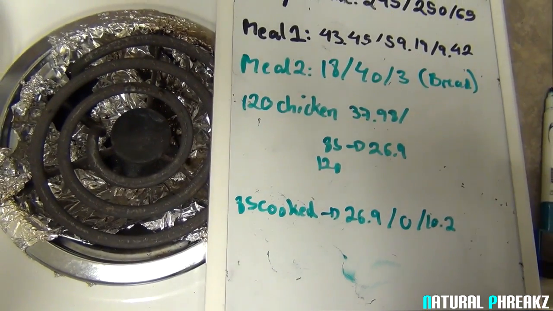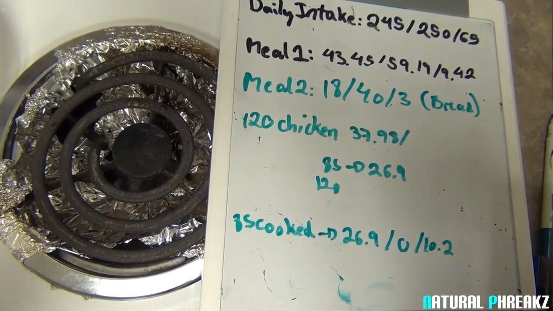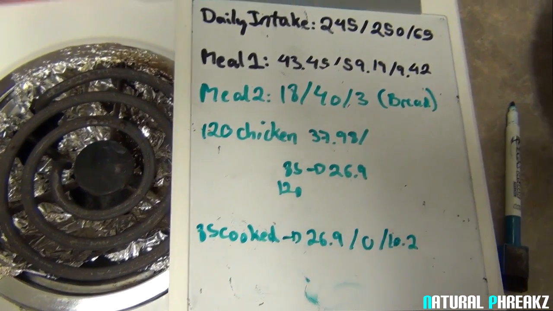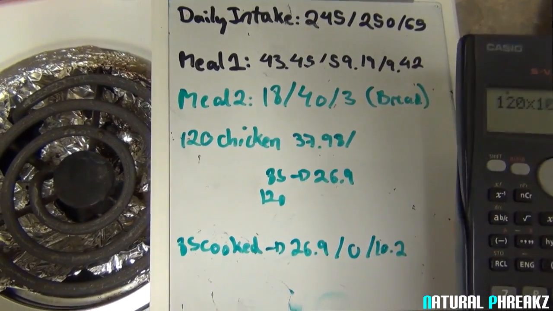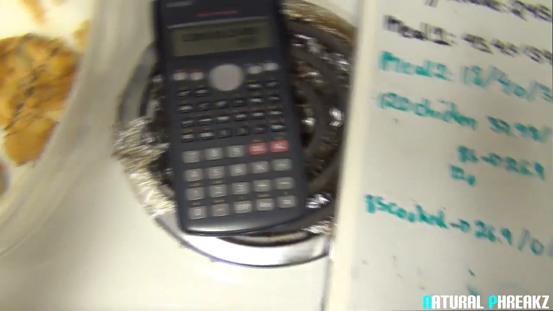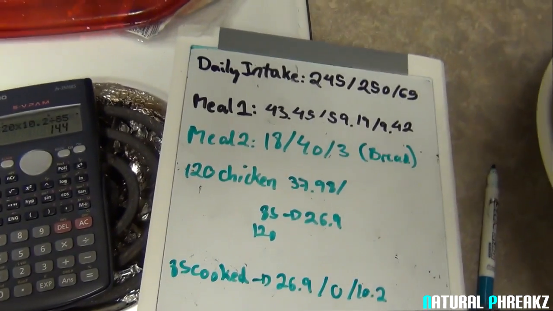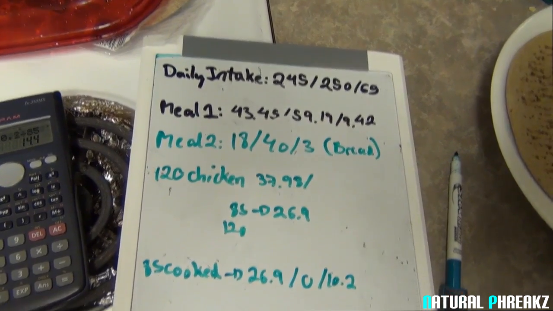Now I go with the fat. 120 times 10.2 divided by 85, 14.4 fat. Let me check with the one I saved before, the one I usually use.